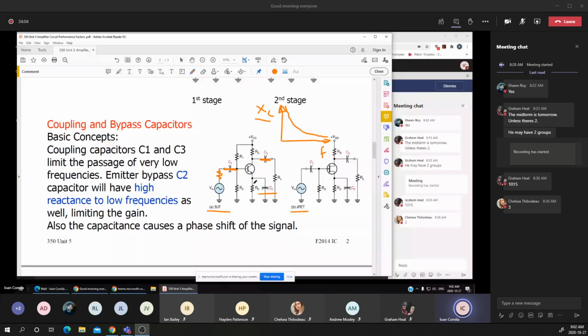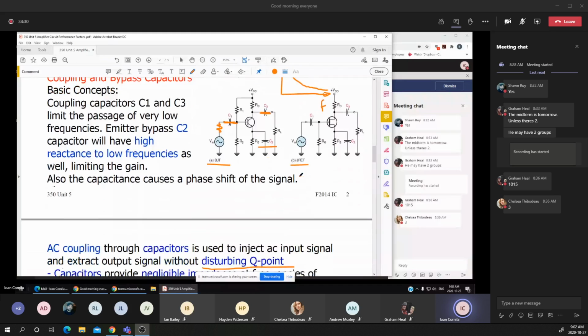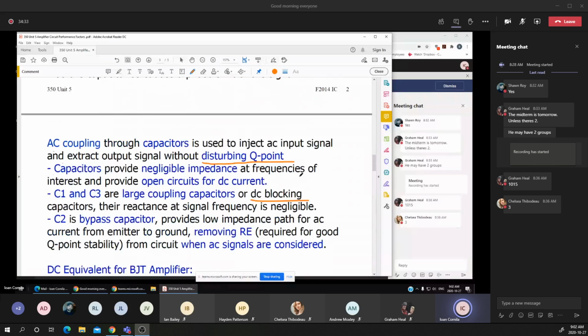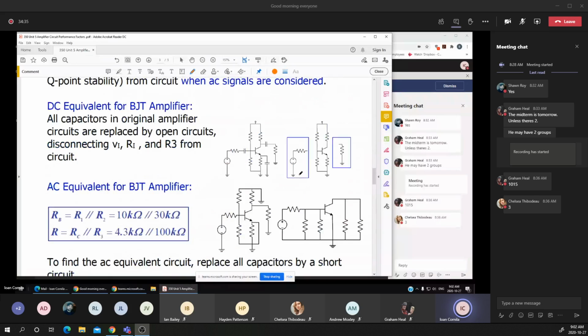But RE has the capacitor connected across, means that the impedance of the RE and the C2 becomes lower as the frequency is increased, which will compensate the drop in the gain, or the drop in the output voltage, at or above a certain frequency, which is called the critical frequency.